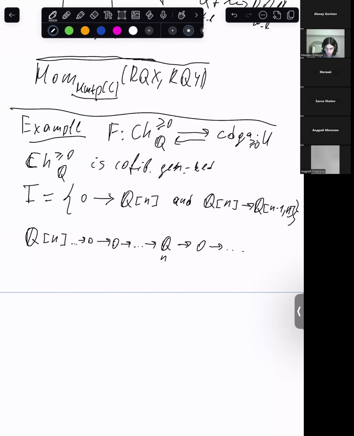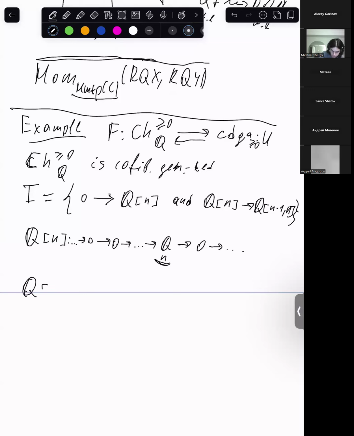And the homology of this complex is just Q in n's place.